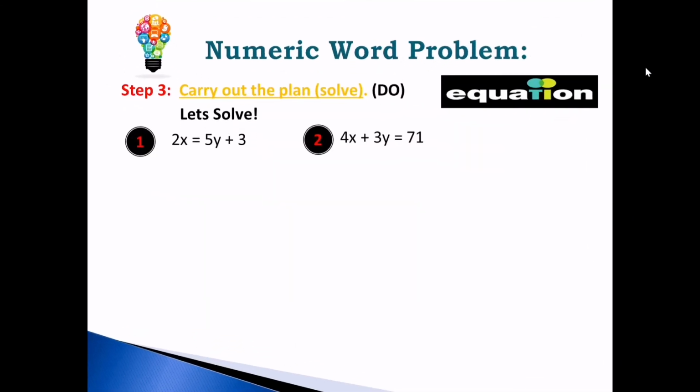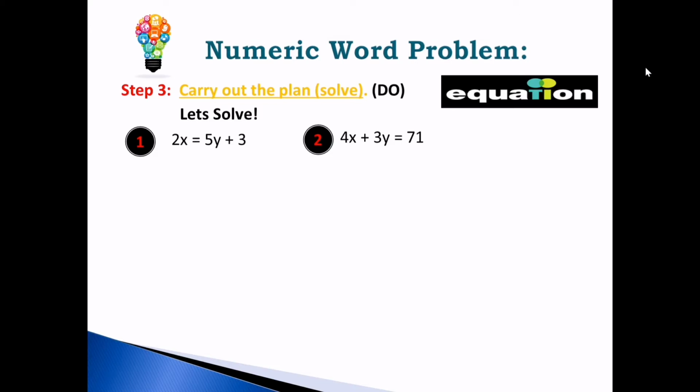Since we have these two equations, we can manipulate them to get the value of x or the value of y. I want to create an equation from equation 1, in terms of x.